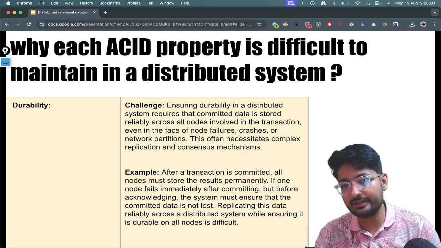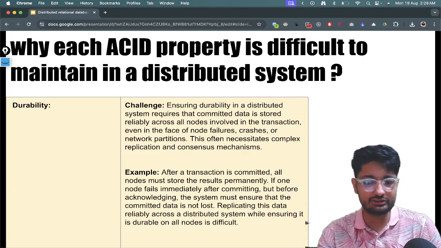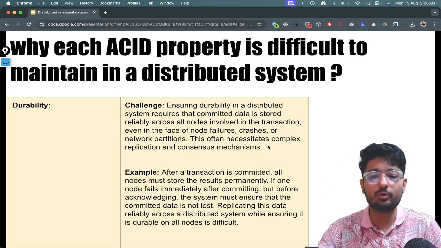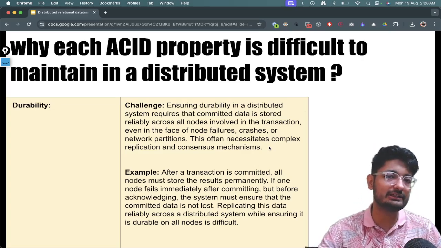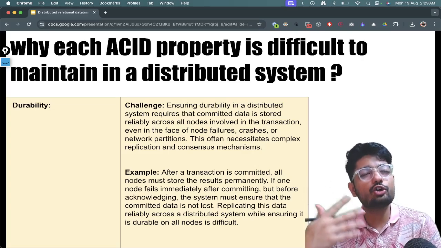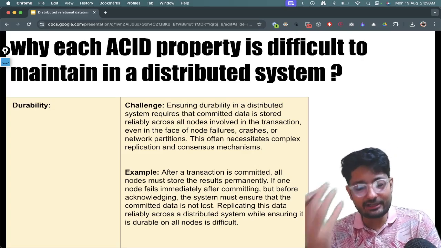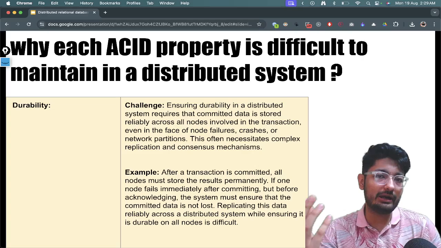That is a challenge. So this often requires complex replication procedures among these different servers, which again increases the complexity of the problem, and you can say the actual ACID property is now hampered.